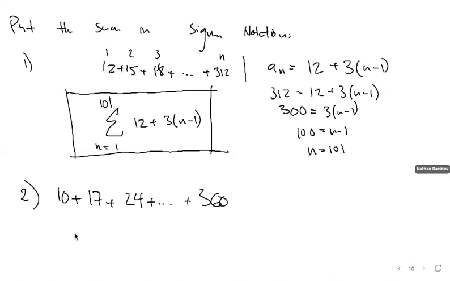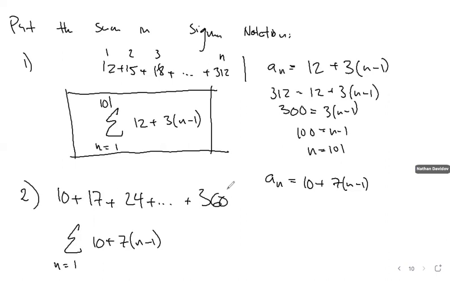All right, fine. Let's see. Sigma of, well, what am I summing through? I'm summing through this sequence. What is this sequence? Well, a sub n is equal to 10 plus, and what am I doing? I'm adding 7 each time. So this is what I'm summing through. You can simplify this, but you don't have to. Where am I starting at? I'm starting at 1.